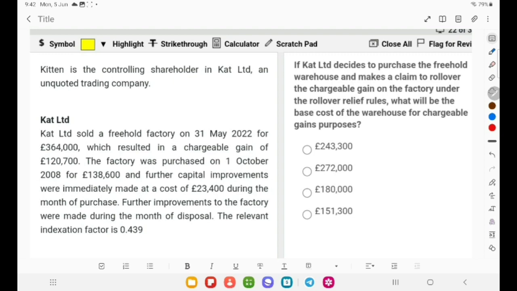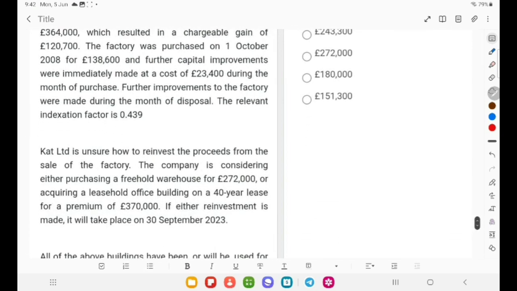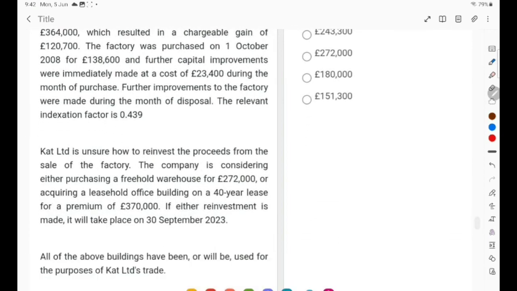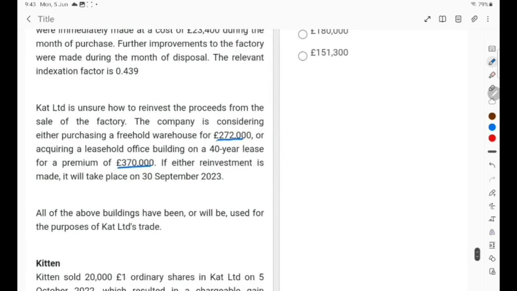Now before going to the next question, the further scenario: CAT Limited is unsure how to reinvest the proceeds from the sale of the factory. The company is considering either purchasing a freehold warehouse for 2,72,000 or acquiring a leasehold office building on a 40-year lease for a premium of 3,70,000. If either reinvestment is made, it will take place on 30th September 2023.